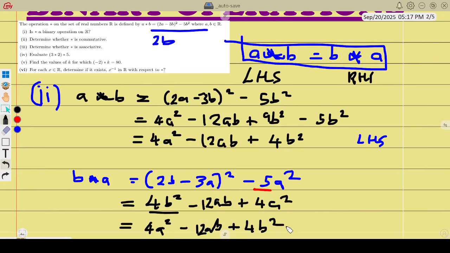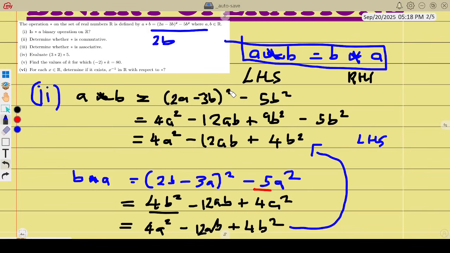So we've just rearranged without changing anything. You can see what we have on the right hand side is equal to what we have on the left hand side. So we conclude, therefore the operation is commutative.